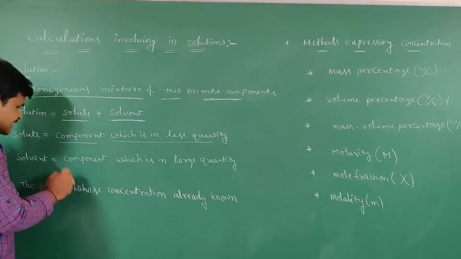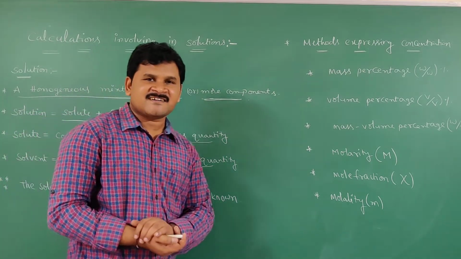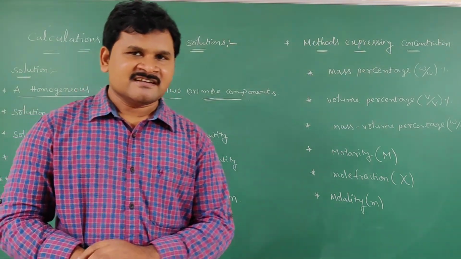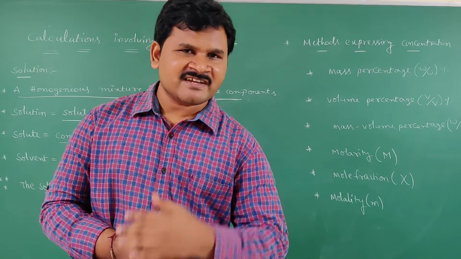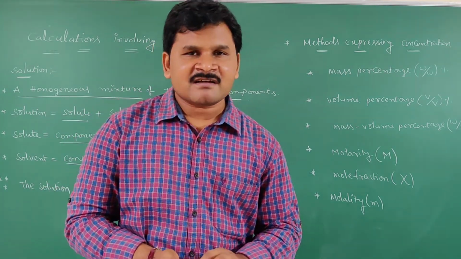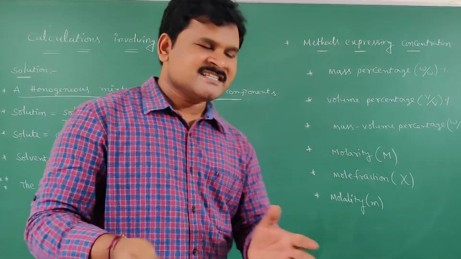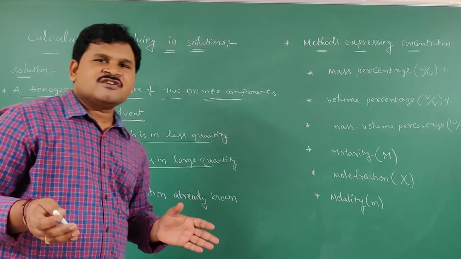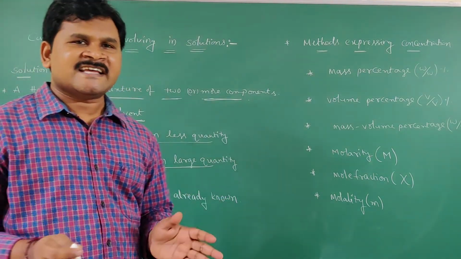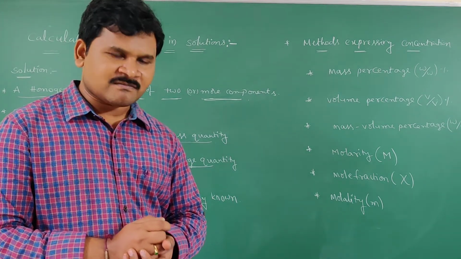What is a solvent? The component which is in large or excess quantity is called the solvent. If 5 grams of sugar is present in 50 grams of water, here 50 grams of water is considered the solvent. Suppose solute and solvent are present in exact half ratios, 50 grams of sugar in 50 grams of water.